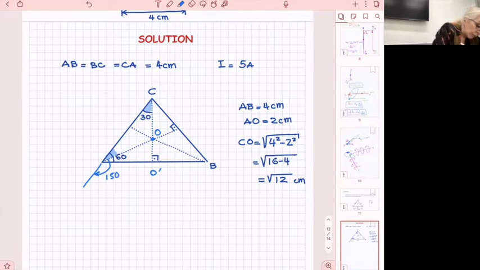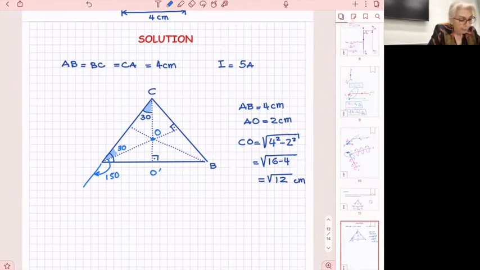I'll remove the 60 from here for a moment because we don't need that 60. So this one is 150, this is 30, 150, and 30 the other one.